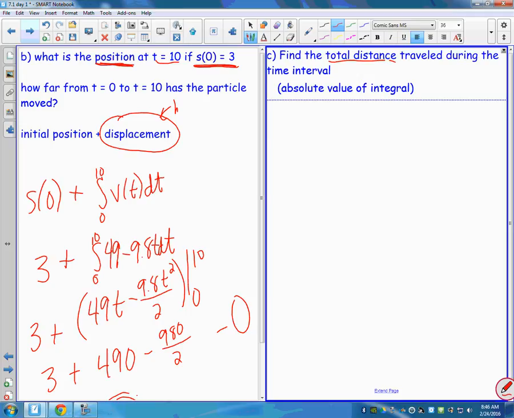The total distance. So when you see that word total, you're going to do absolute value. And if it's a calculator problem, remember that you can just type that in your calculator, 0 to 10, the absolute value of v of t. Math 9.